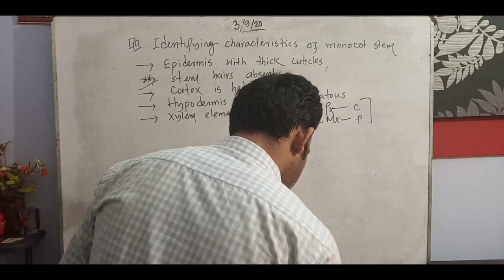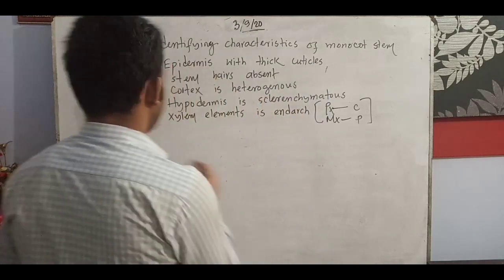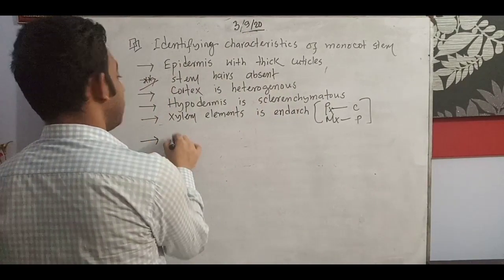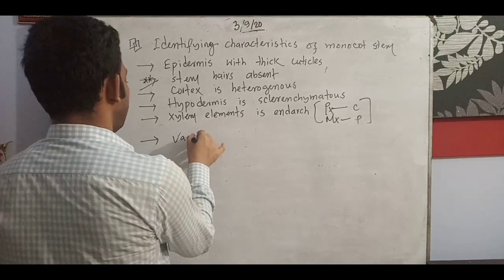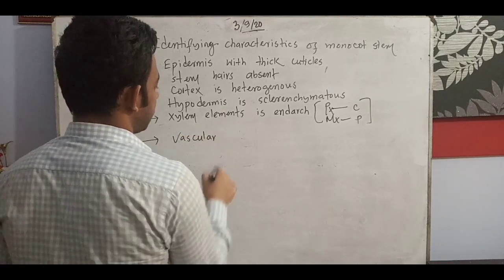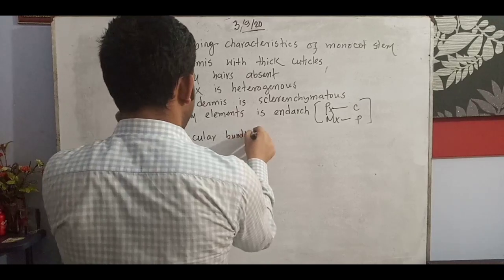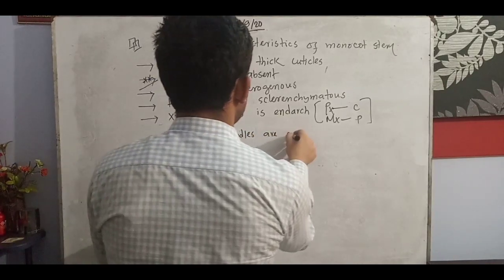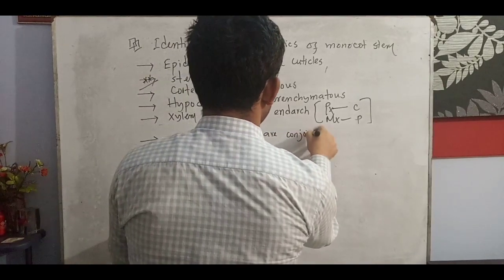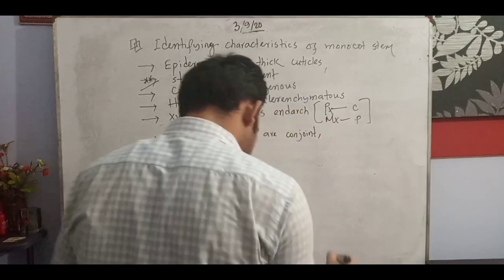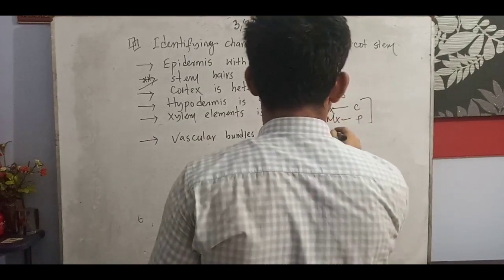Vascular bundles are conjoined, collateral and closed.